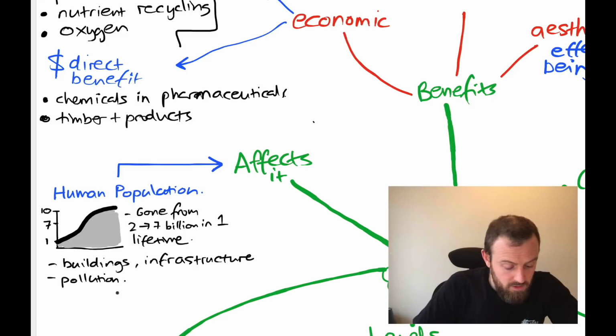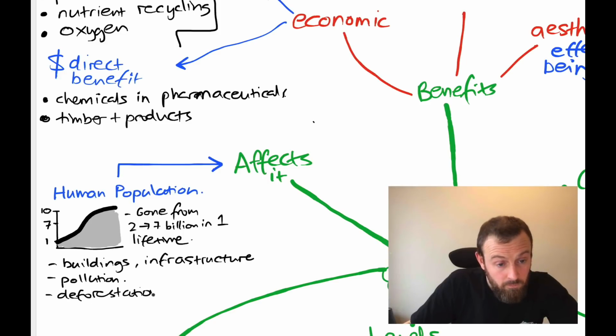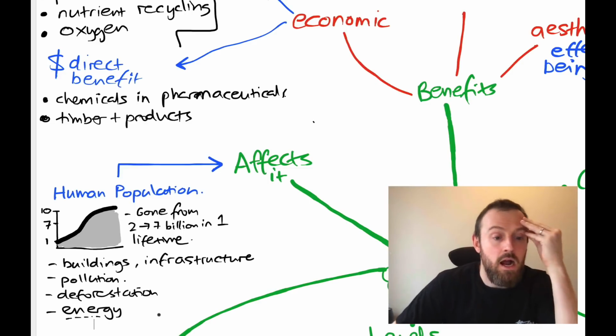They deforest. Pollution includes things like carbon dioxide. They require energy. I think this is actually a big one, which I forgot to talk about last time I did this mind map. This is the second time I've done this mind map.